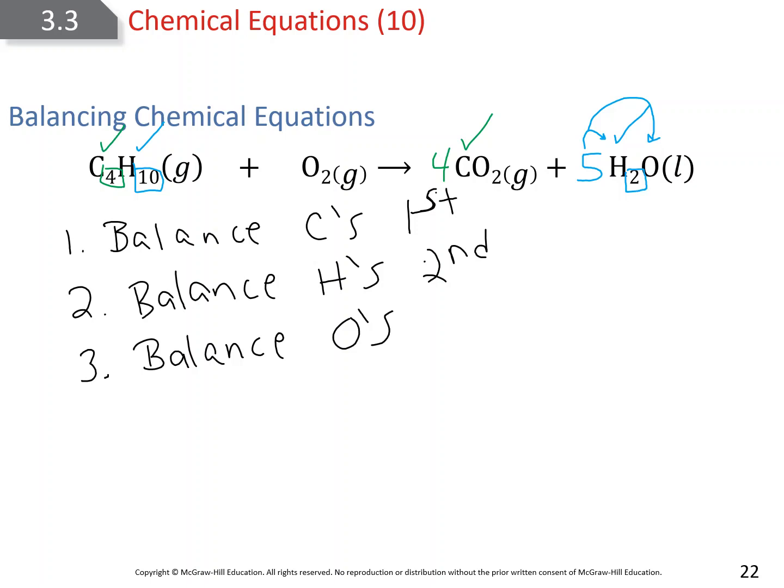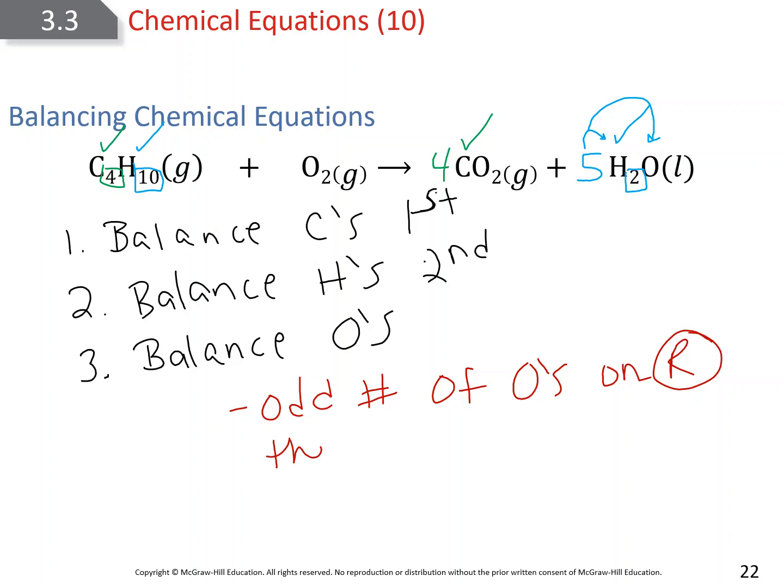So the rule here is if you have an odd number of oxygens on the right, then we take that number and we divide it by 2 as the coefficient on the left-hand side.